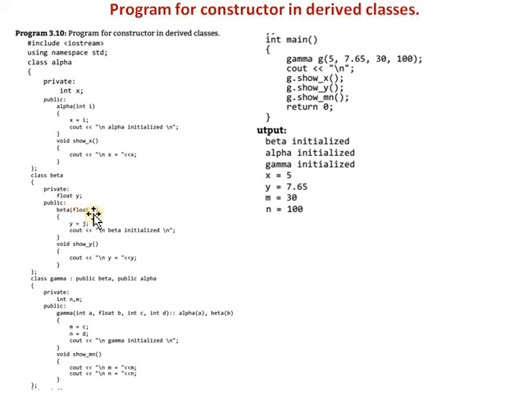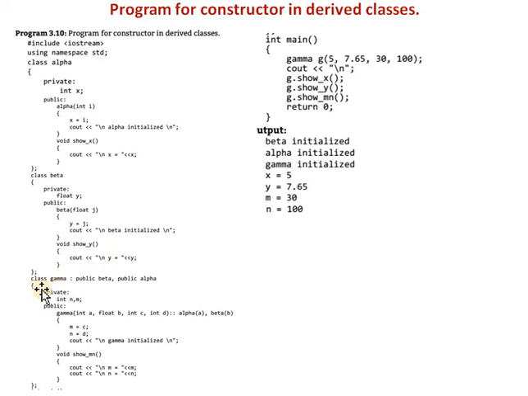Why is the formal parameter passed to the constructor? For assigning the value to the actual parameter. Then the message is displayed: beta initialized. Then in the beta class, there is one member function, showy. This function displays the value of the data member y.